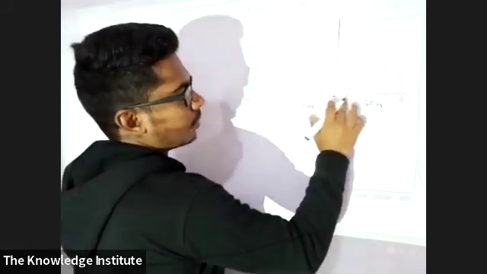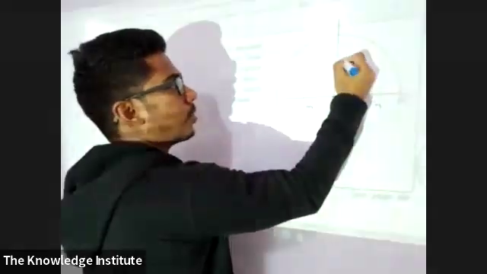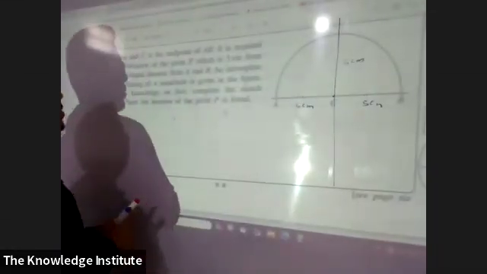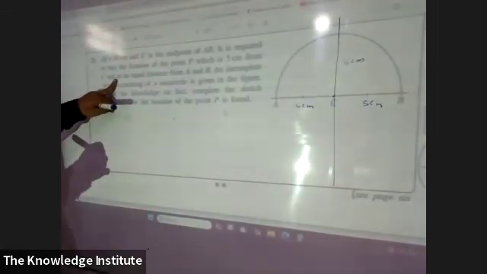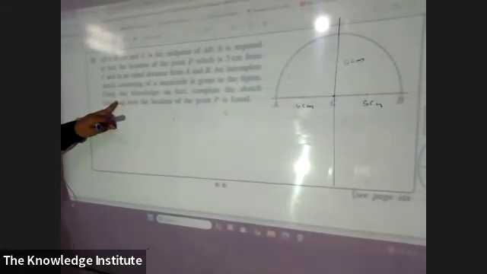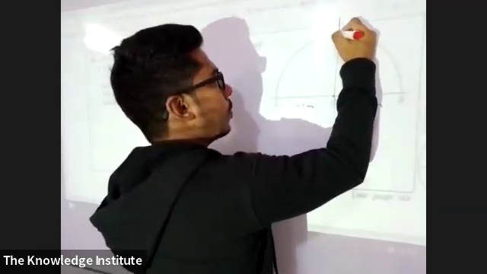So if this is 5 and this is 5, the radius is 5. So point P is 5 centimeters from C. The location of P is found. So point P will be here.